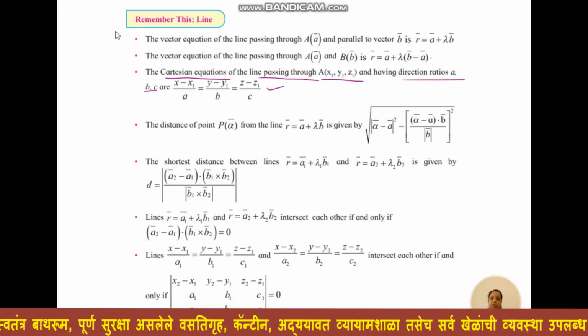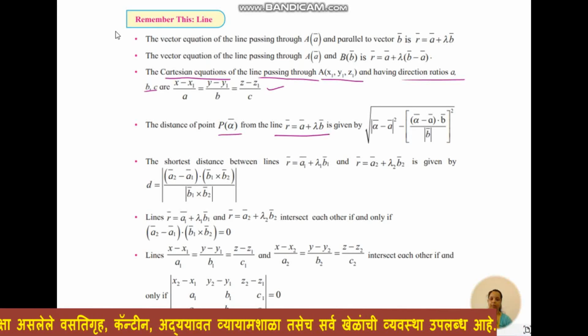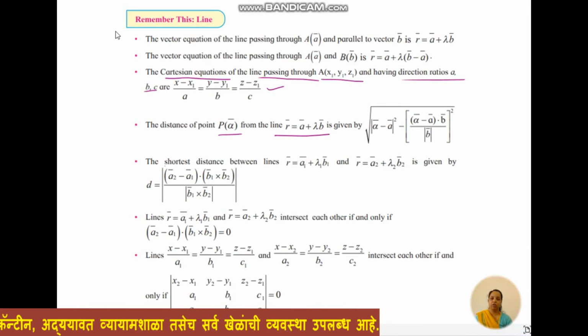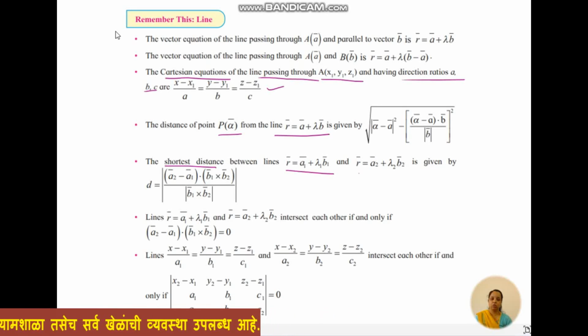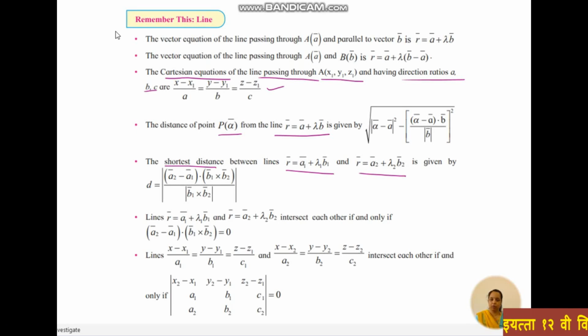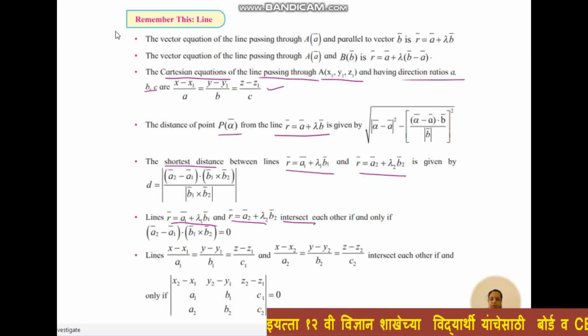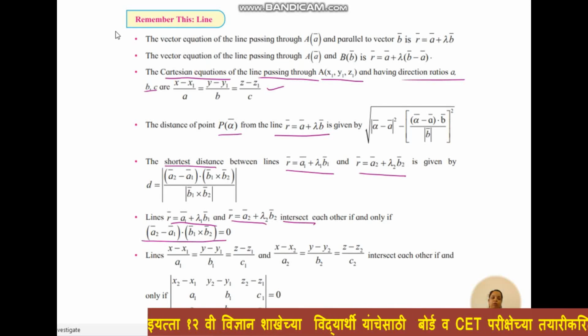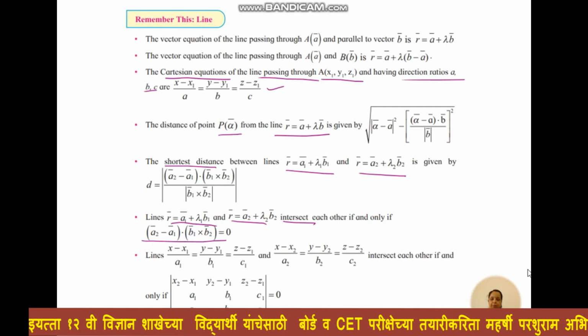Next line is distance of a point from line. Next one is for shortest distance between these two lines. Next is about condition for intersection of two lines. That is, these two lines intersect each other if and only if this condition is satisfied.